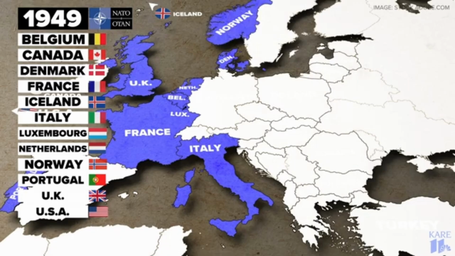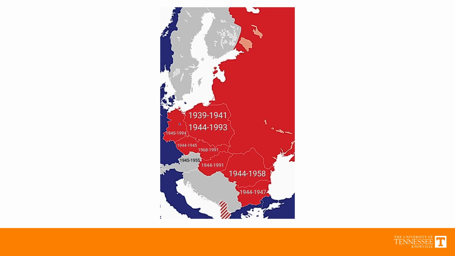Especially right after World War II, so 1949, you have NATO mainly being the United States and most of Western and Southern Europe. So NATO itself, meaning the North Atlantic Treaty Organization. With the Warsaw Pact, it's the Soviet Union and a lot of what we think of as Eastern Europe.